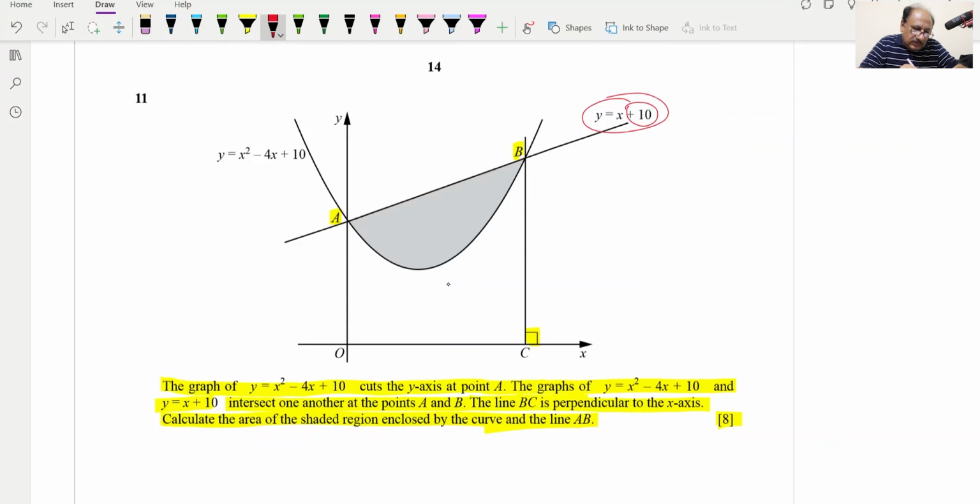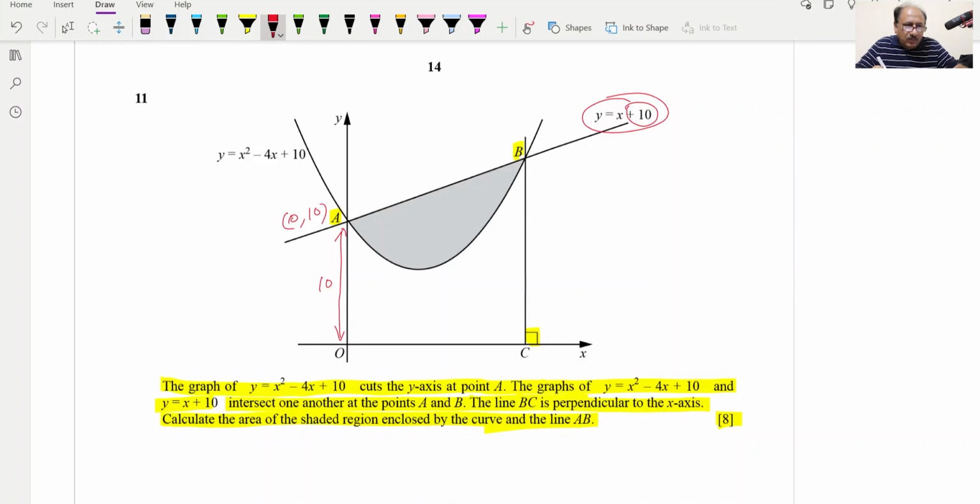So the coordinates of A will be 0 and 10. From this we can check. And the second thing, we can get this height. Basically this height is 10.